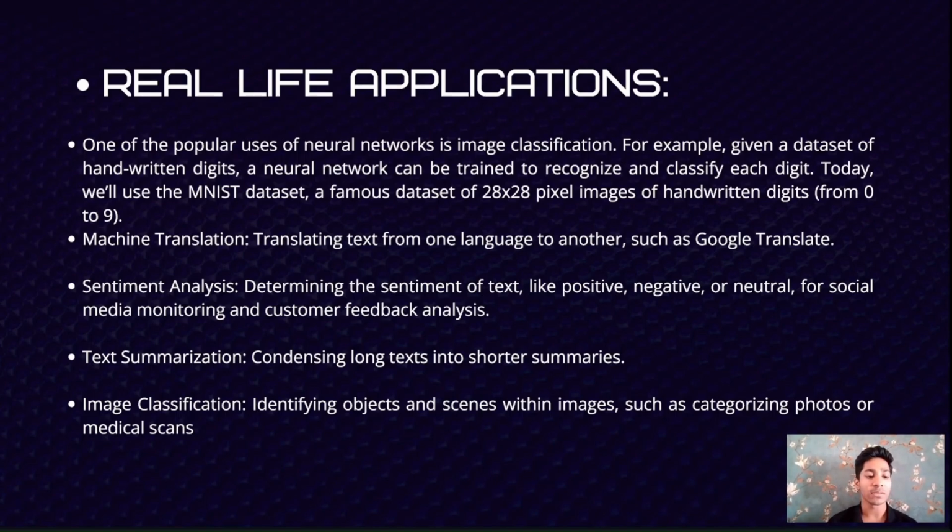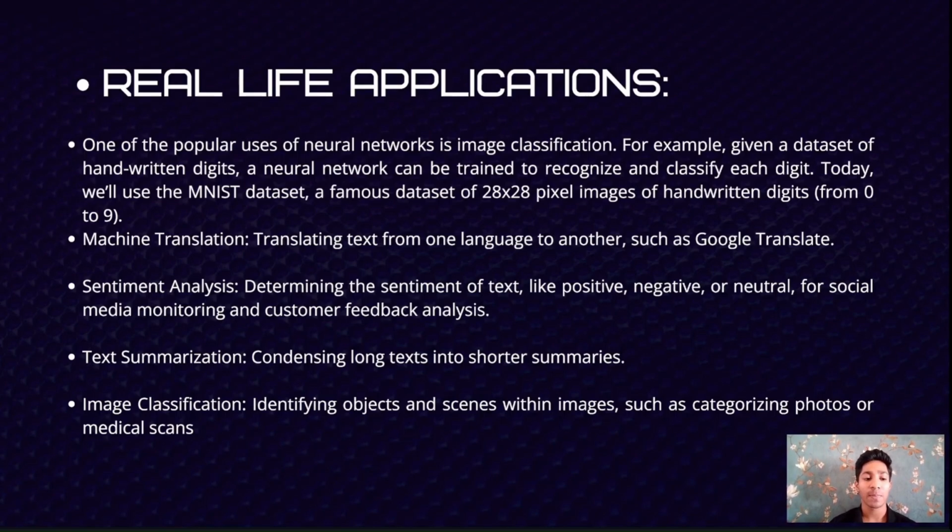The second application is machine translation. In machine translation, text from one language is converted to another language, such as Google Translate. The third application is sentiment analysis. In this, the sentiment of a text, like positive or negative, is determined, for example in social media monitoring and customer feedback analysis.